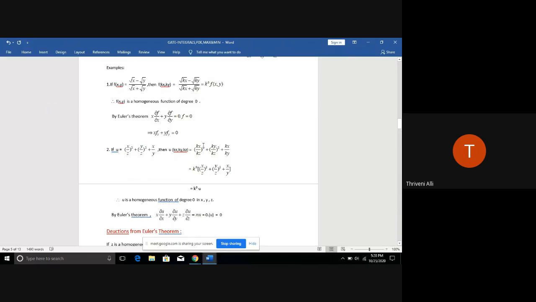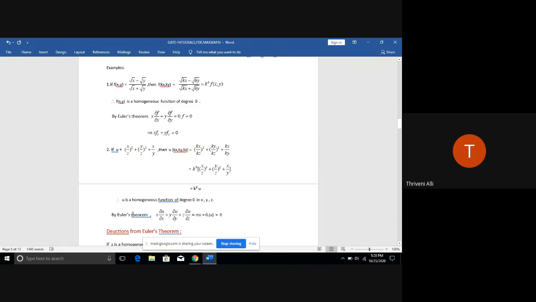So we write it as k⁰ into u. So finally k⁰ into u. Therefore we say that u is a homogeneous function of degree 0 in x, y, z.